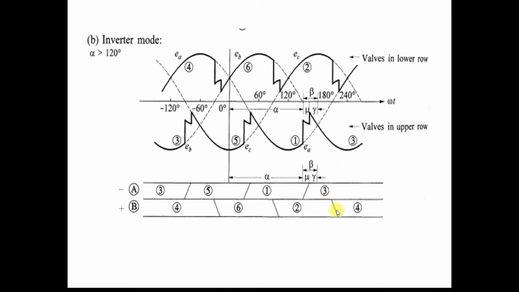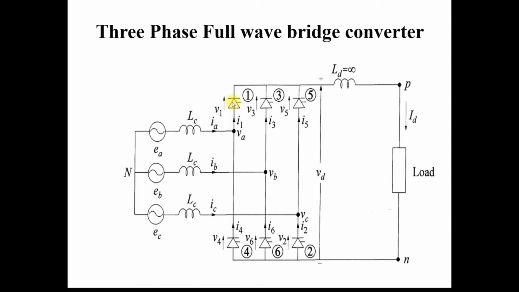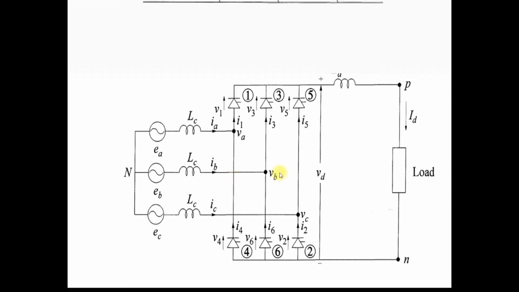As we know, valve 1 and 4 are on the same leg. You can see the circuit diagram of the three-phase converter. Valve 1 and 4 are in the same leg. It means they get the supply from the same phase. Clear? So when both these valves are conducting, what will happen? That will short circuit your supply. Clear? The same thing happens here.